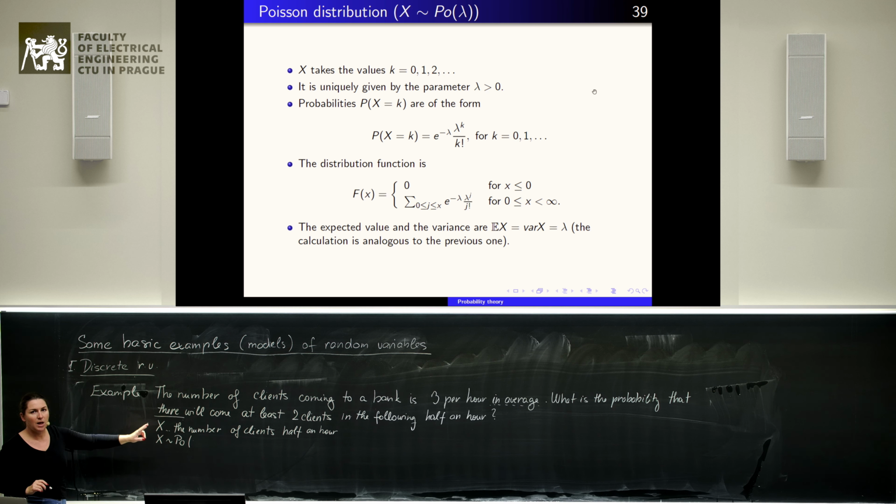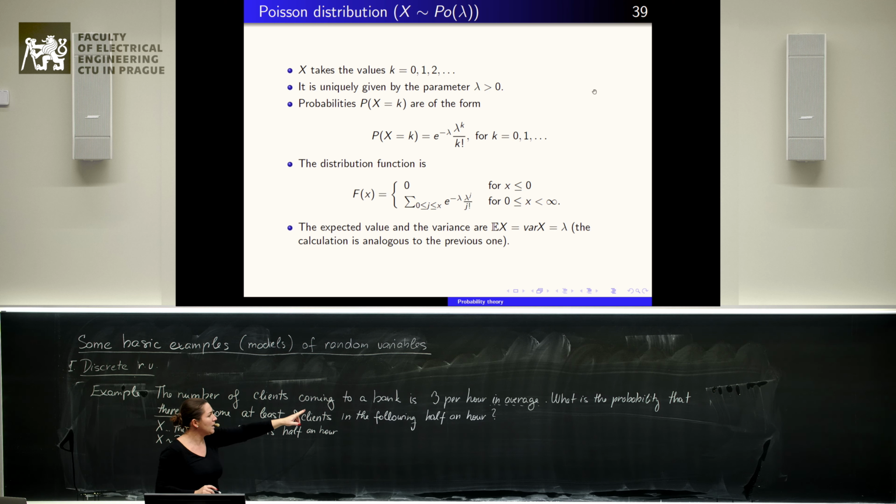Lambda is the average, the expected value or the mean value, and the mean value means, in fact, the theoretical average value. We know that in average there will come 3 clients per hour.